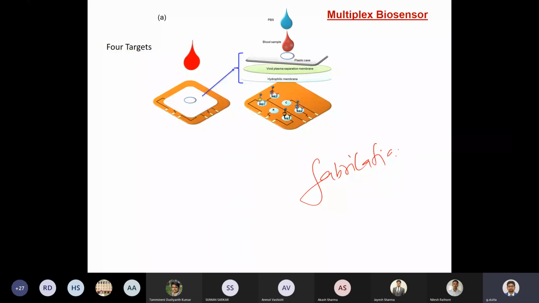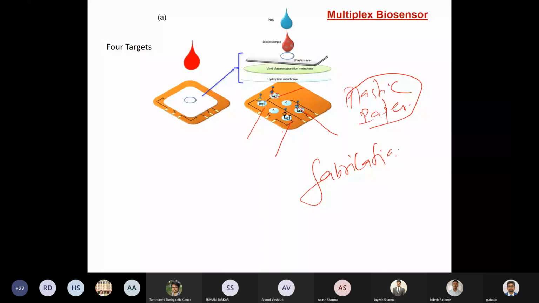I mean, how you can connect all the electrodes, how you can fabricate all the electrodes on, like, some plastic substrate or some paper substrate. So something very cheap material you can try, not gold, something like this. See, here working 1, working 2, working 3, working 4. So 4 antigens you can detect, right, at the same time.